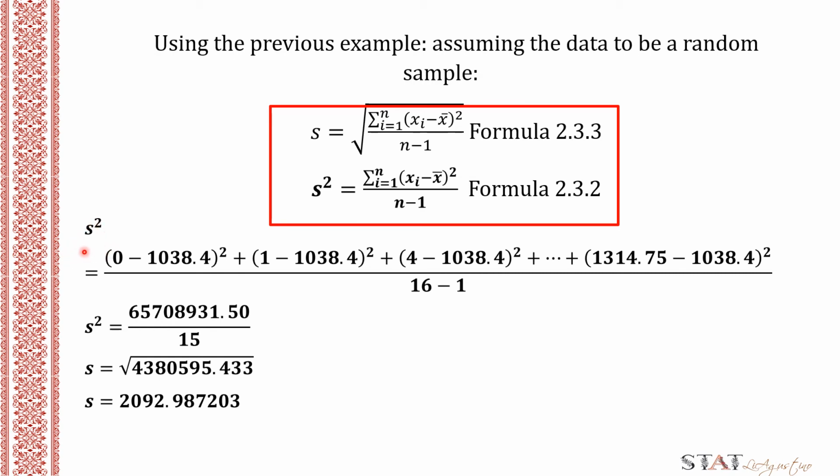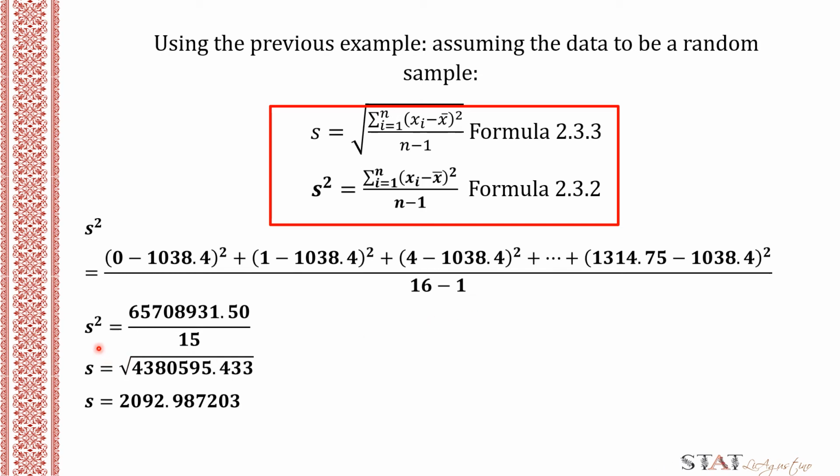So to compute for a sample variance, we have here 0, the same process, 0, since this is the value in the first region, and the mean, and then squared, so on until the last region. And then for the sample variance, 16 minus 1.